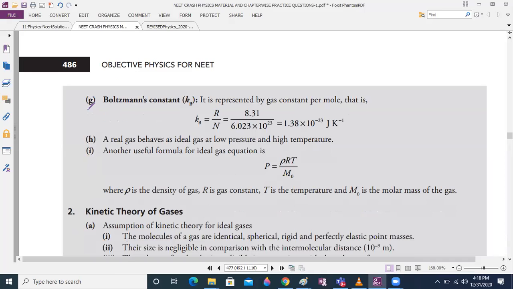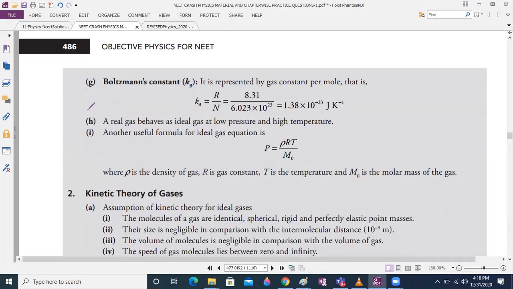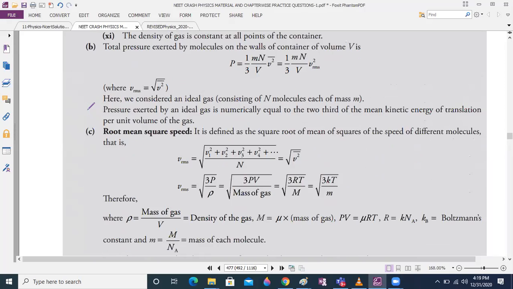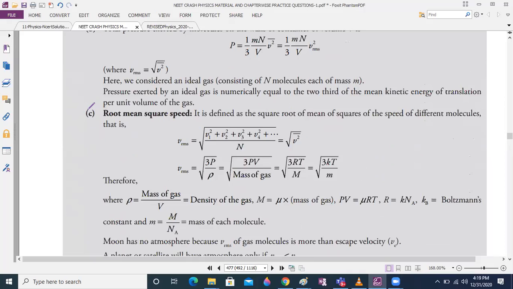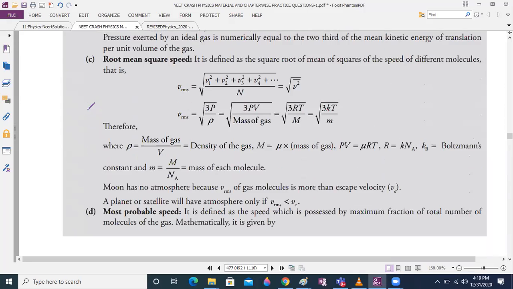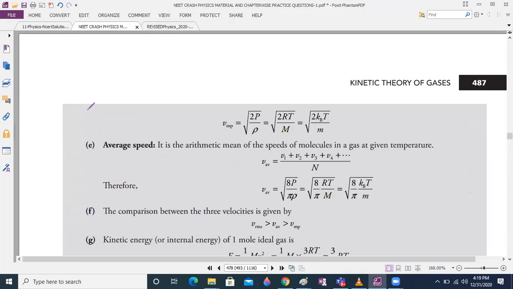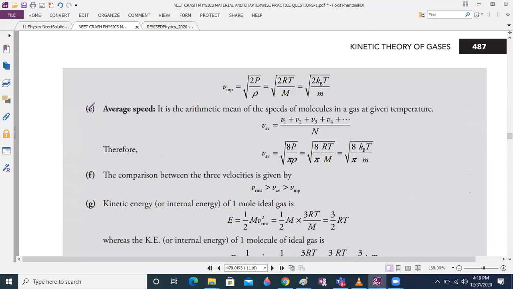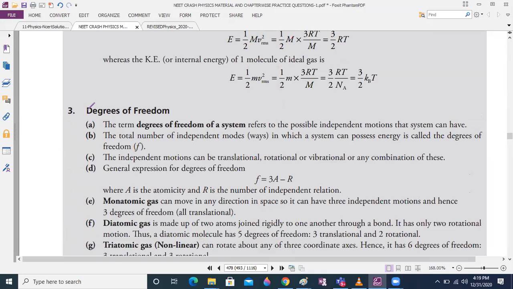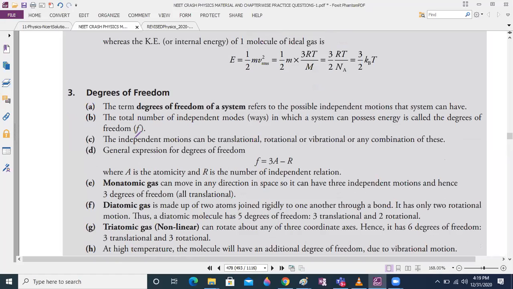The ideal gas equation, another one related to density, the kinetic theory of gas assumptions, the root mean square formulas. Yesterday we discussed related problems also. Average speed, degree of freedom: f equals, here they mention 3a minus r, we mention 3n minus k, whichever you can utilize, no problem.